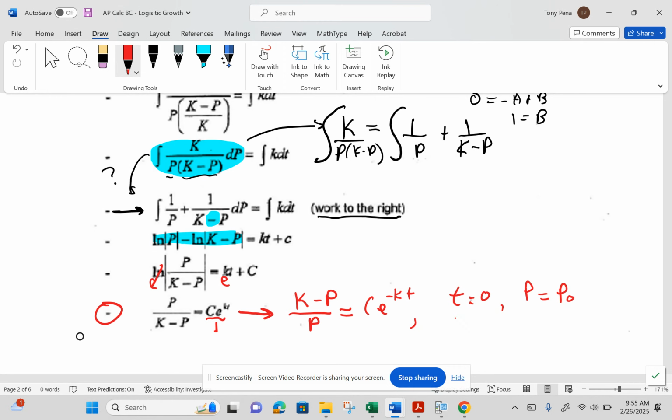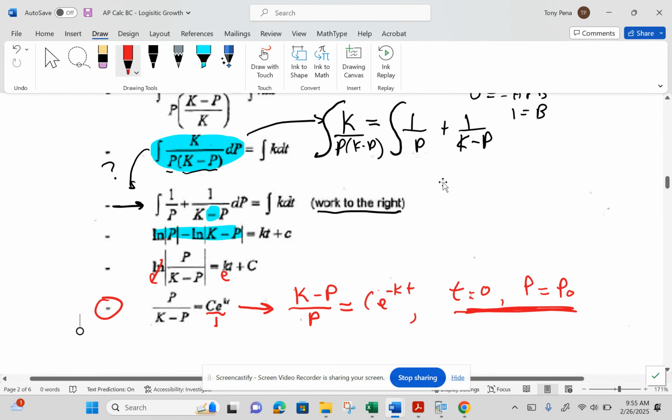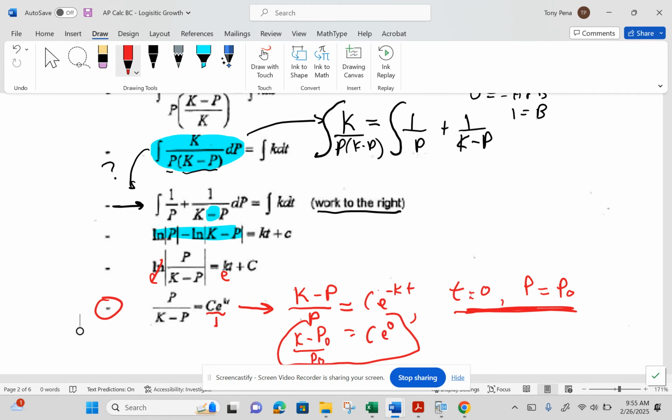We're going to use that little initial condition to find what c is. So if I now ask you what c is, go ahead and plug in. You're going to get c equals e to the 0. We're going to let our time be 0. And at the time of 0, our population is p sub 0. This is going to play a big role in a moment, so go ahead and box that up, and we're going to revisit that momentarily.